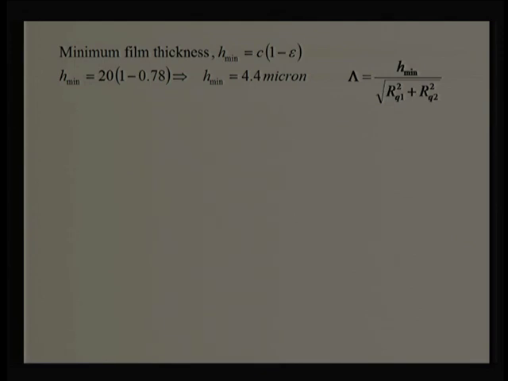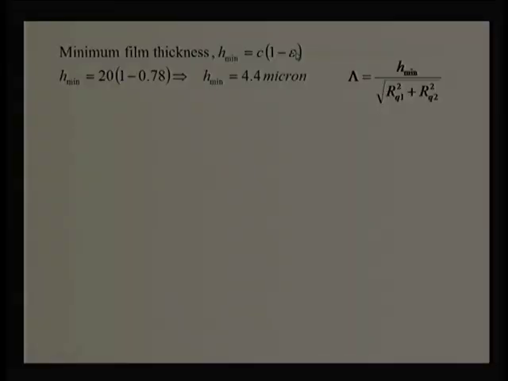If that is not the case, then we can think about adding hydrostatic lubrication. We can supply pressure that is going to reduce temperature, and that is going to reduce eccentricity. When epsilon is decreased, naturally h min is going to increase.